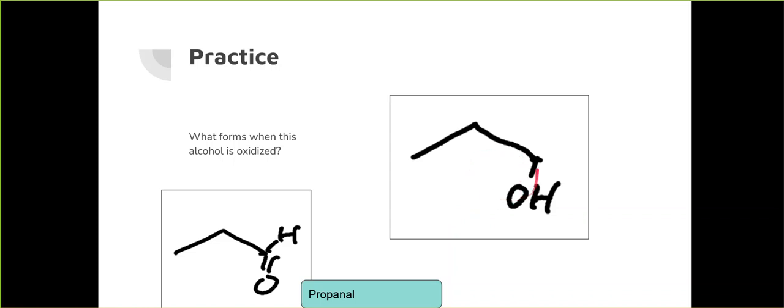Yeah, this would be propanol, OL, because it's an alcohol, right? But when we oxidize it, it becomes an aldehyde, so it becomes propanal. This is an aldehyde because this is C double bond OH, whereas this is a COH, so this is going to be propanol. Is that what you're asking? Got it, thank you. Yeah, and this becomes an aldehyde.